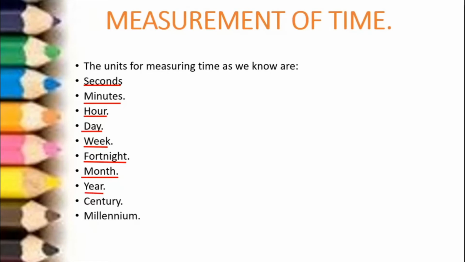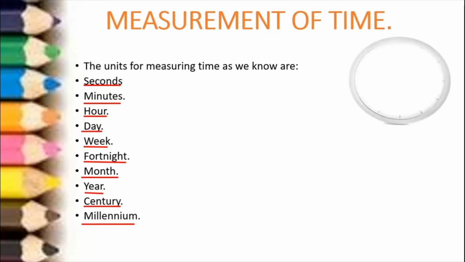We talked about the measurement of time till here. Beyond this now, we have century and we have millennium. Okay, and we also have a term called a decade. I will tell you what that is. So these are all the units, as we know, which are used for measurement of time.